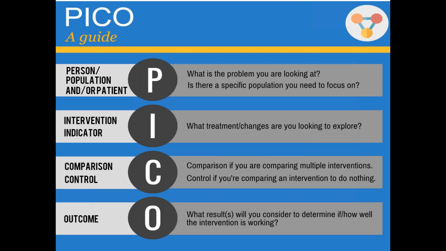Under comparison or control, are the commissioners interested in us comparing this kind of digital communication intervention against standard of care, which might mean the absence of a digital communication intervention, or perhaps they want us to compare it to other interventions, so perhaps different ways of communicating with clients, such as giving them a phone call to remind them of adherence, or giving them targeted information when they come for their clinic visit.